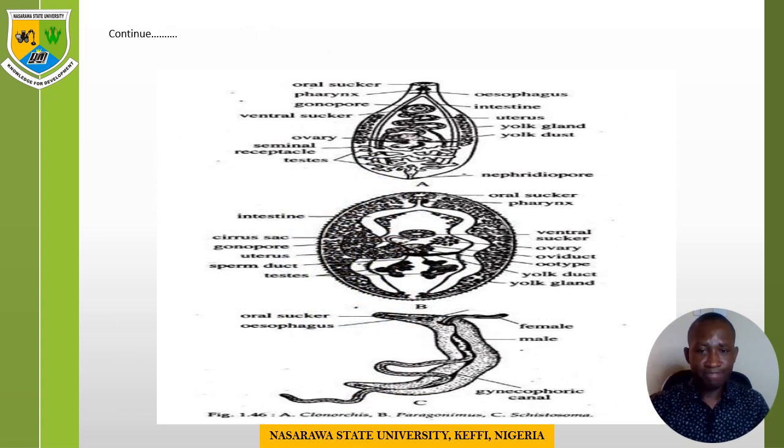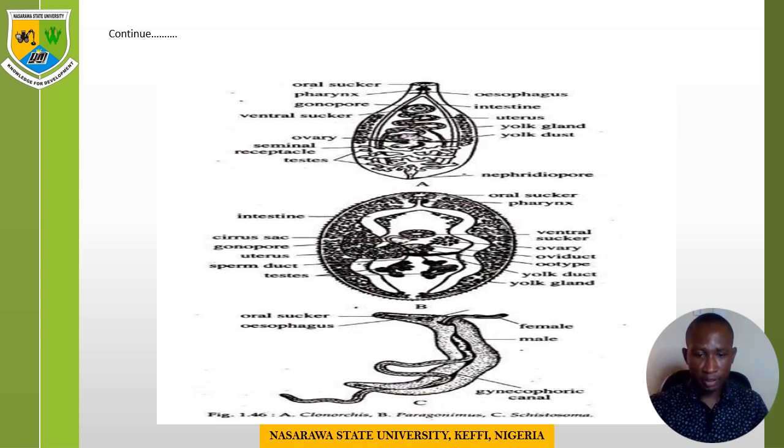Well, we have other examples under this class. We have Clonorchis. This is Clonorchis, which is spherical in shape with oral sucker, esophagus, intestine, uterus, gonopore, yolk gland, yolk duct, and a whole lot of other parts of its body.